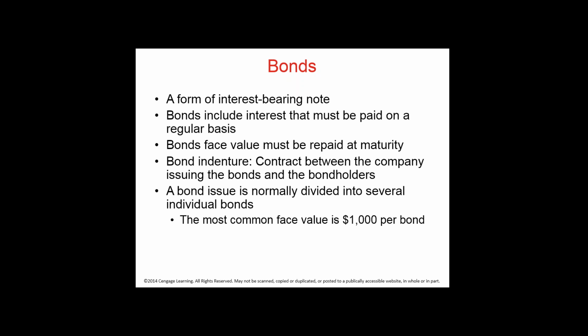What if you can't pay it back? So often, doing a bond issue is a way to spread the liability. If I need $1 million and I do it by issuing $1,000 bonds, I'm spreading that liability over a whole lot of people instead of having one lender being responsible for it all.